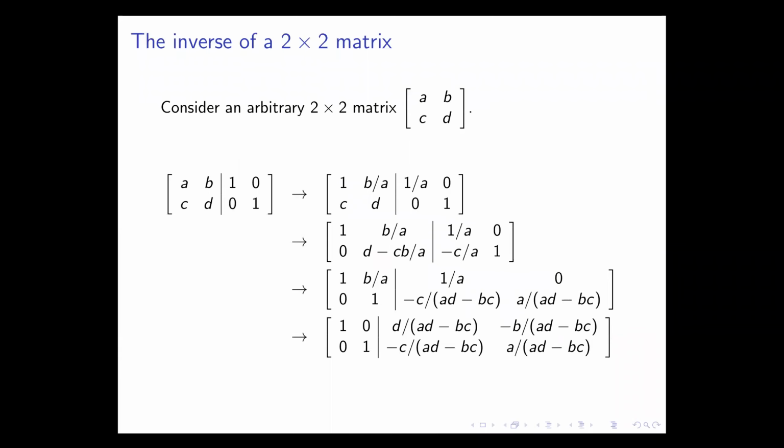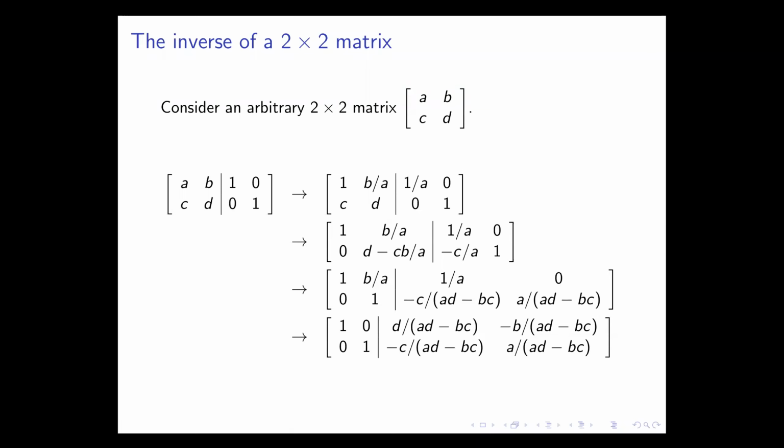So now consider an arbitrary matrix with coefficients a, b, c, and d. Let's do the same procedure. First we normalize, we divide by a, assuming that a is not equal to 0. Then we subtract the first row times c from the second row.